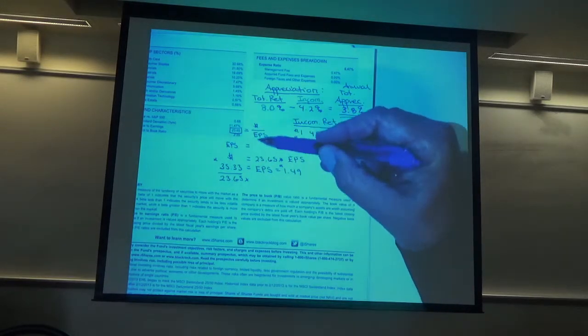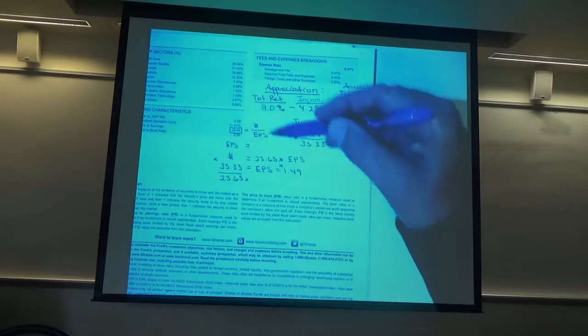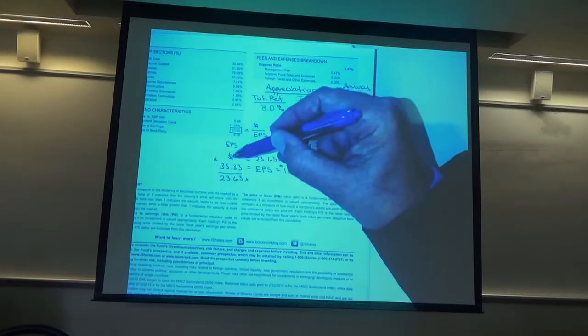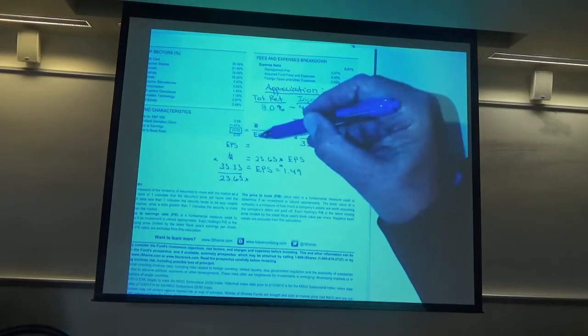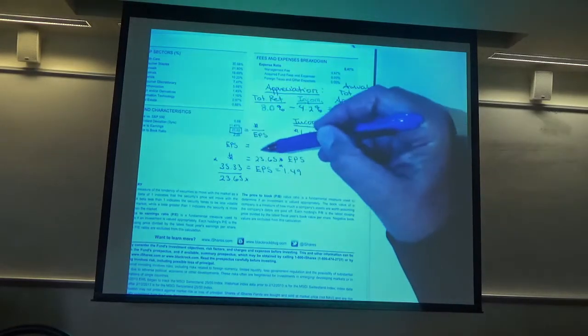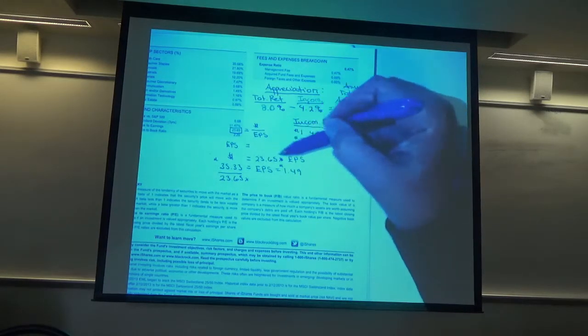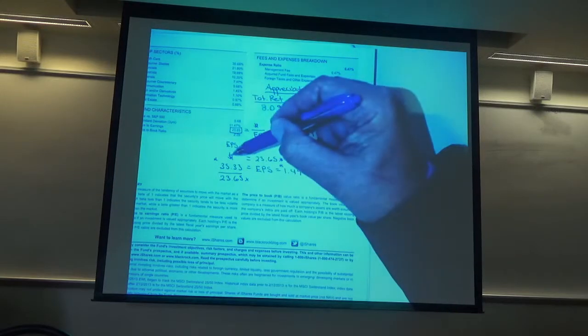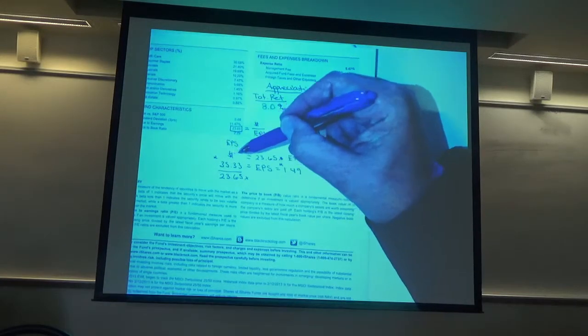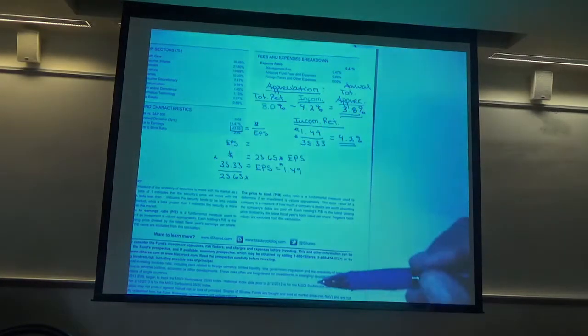So I basically rearranged the equation to solve for the price. Right? I can do the EPS up here. So EPS times the multiple is going to give you the price. I went to the website, and I'll show you where all this is.